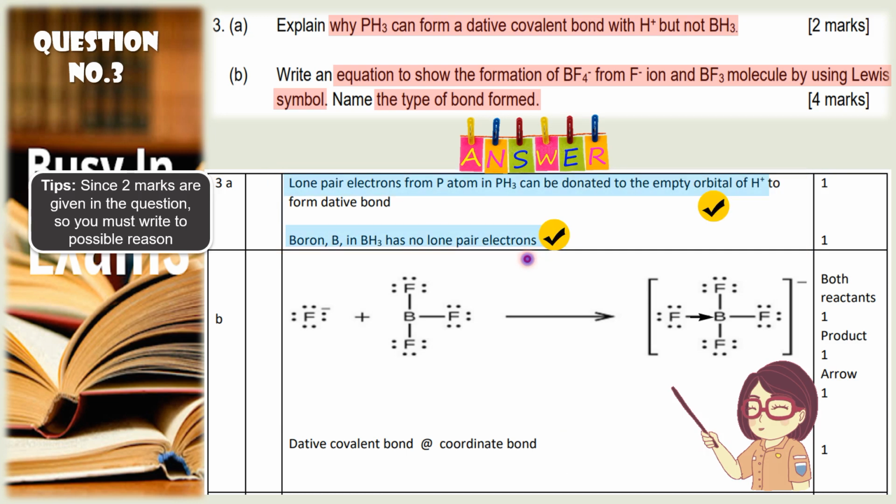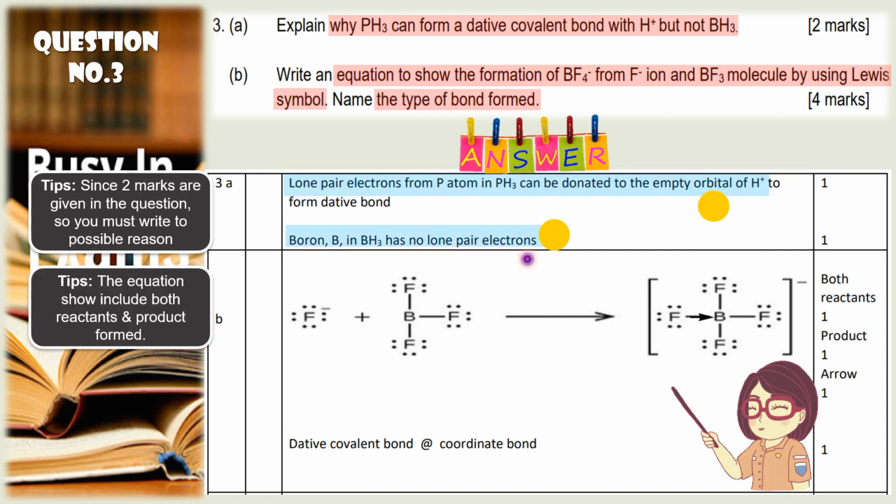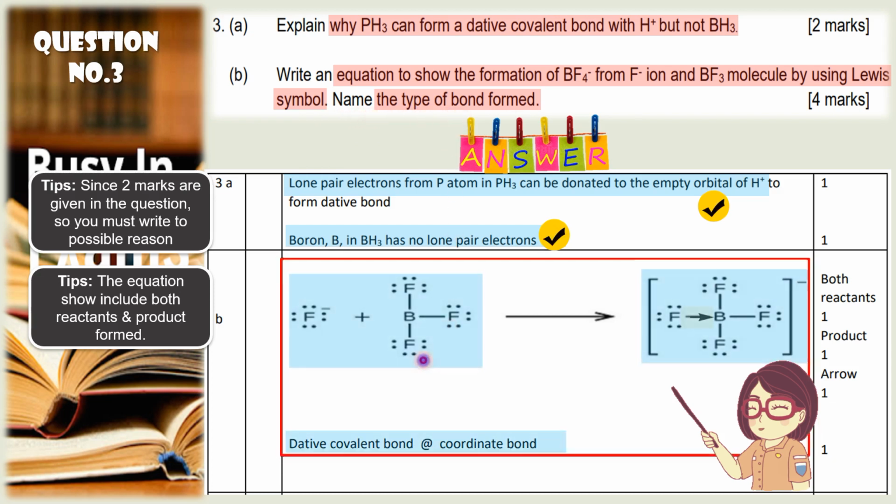Correct reason. Okay, so next, B, write an equation to show the formation of BF4 minus from F minus ion and BF3 molecule by using Lewis symbol and name the type of bond formed. Alright, so the first mark: when it mentions formation, it means that it should have the reactants and also the product.